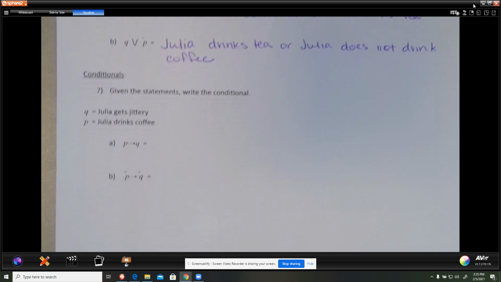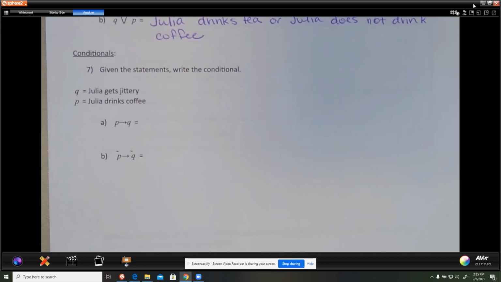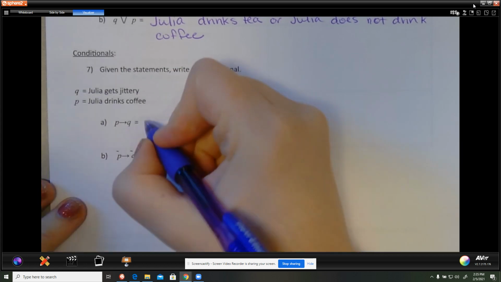All right, and the last thing we're going to do for this assignment are the conditionals, the if-then statements. So P is Julia drinks coffee. So if Julia drinks coffee, then Julia gets jittery for the first one.